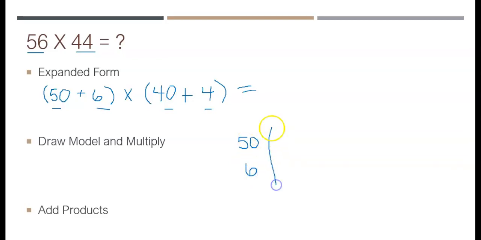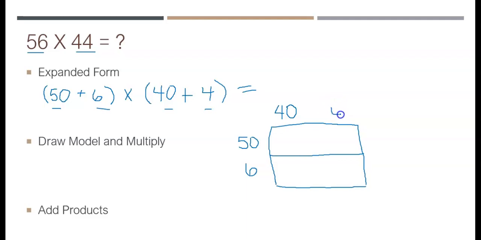And I'm going to draw a box or my area model. Okay, 50 times 6. Then on top, I'm going to write my 40 and my 4, and then draw my line. Okay.